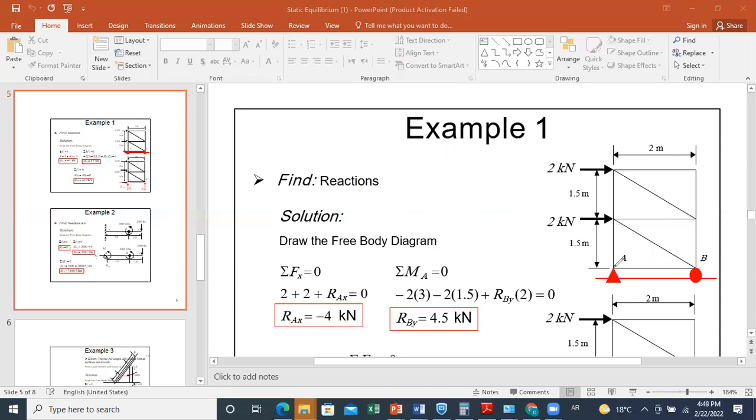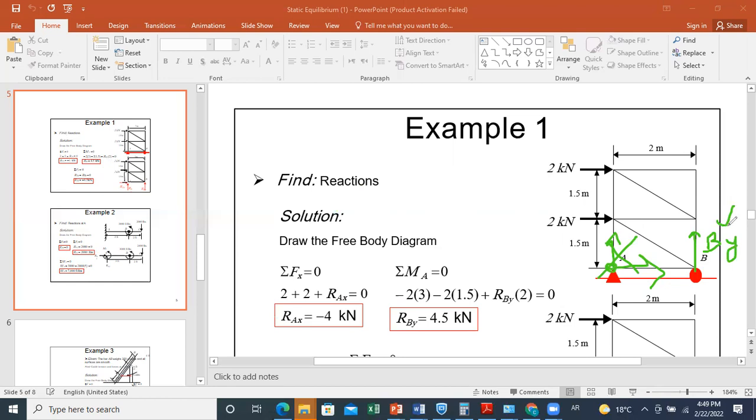So for example, AX and AY both pass by A. If I do sum of moments about A, they will not do any moment. And then only BY as unknown will have a moment about A. So this equation, sum of moment about A, will allow us to get what is the value of BY.